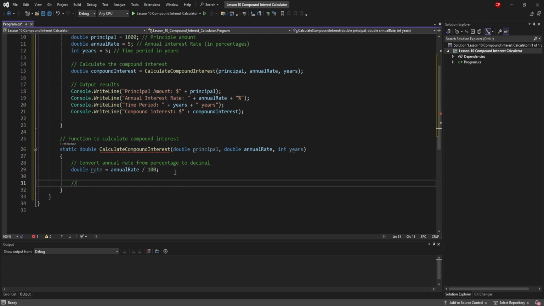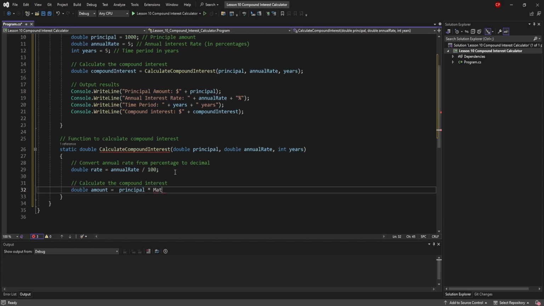All right, next up, we converted the annual rate from percentage to decimal. Now we need to calculate the compound interest. Right? So we're going to do double amount equals principal times, and this is where some of you are going to get confused.